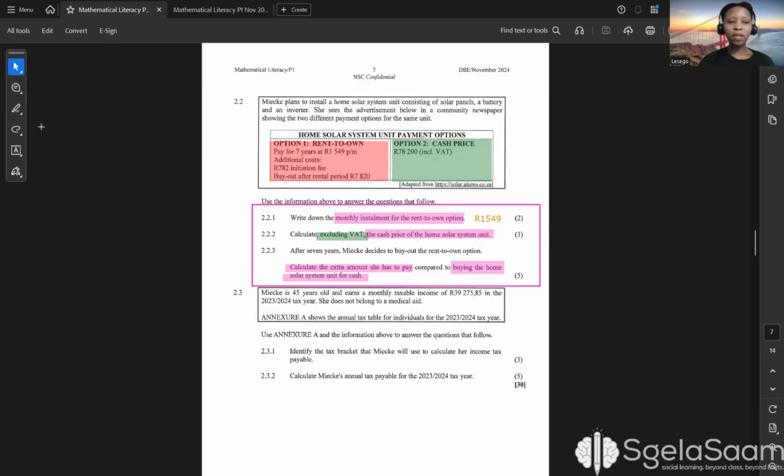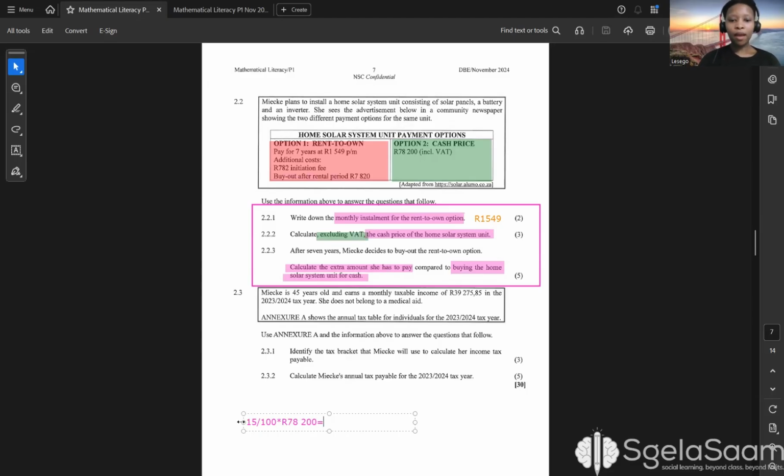So we know how much VAT is, right? The simplest way to calculate VAT, honestly, is 15 divided by 100. So we're finding the percentage of the VAT from the amount of 78,200.